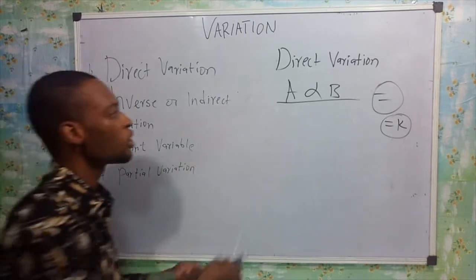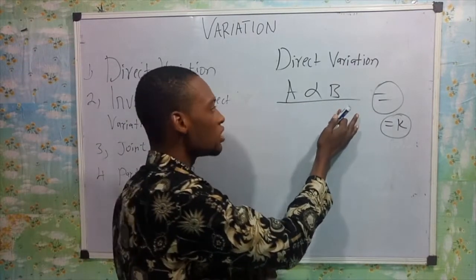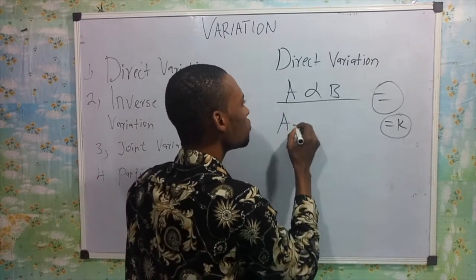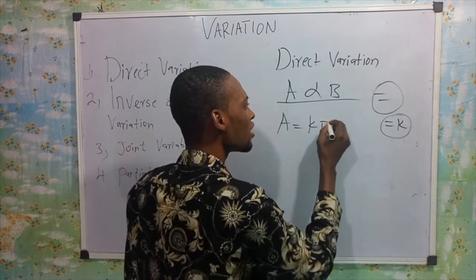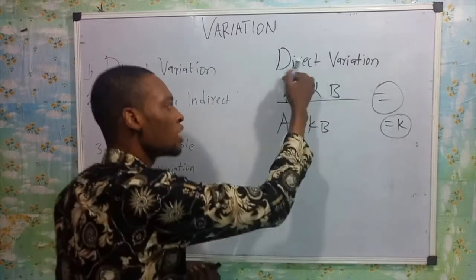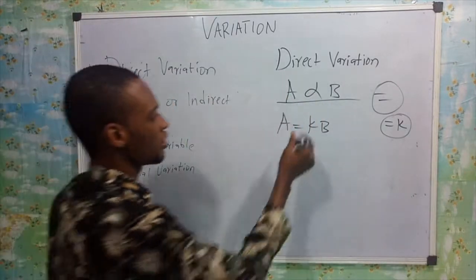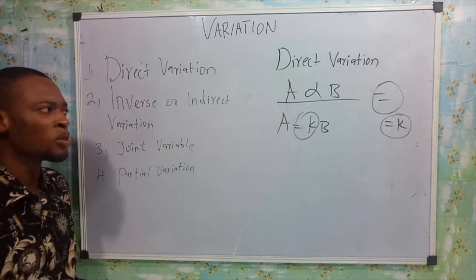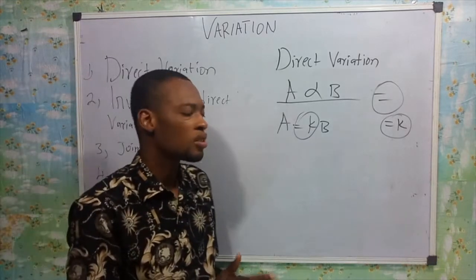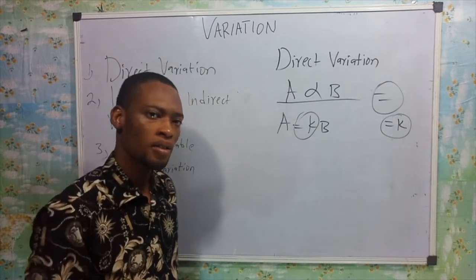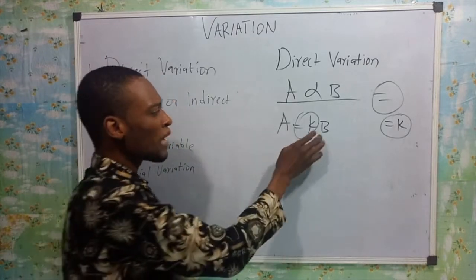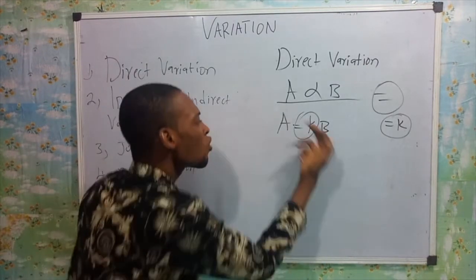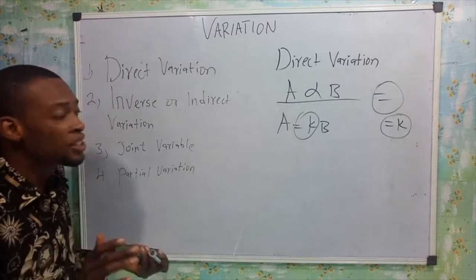For example, A varies directly as B. So it means B has to be multiplied by a constant to give me the value of A. You understand? Because they are not equal, you don't have an equality sign yet. You get the gist. So once I multiply B by a constant, it now becomes equals A. So that's what variation is.